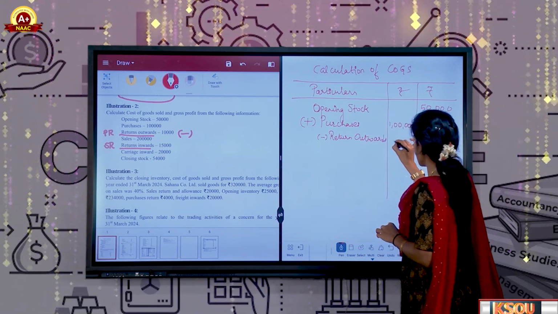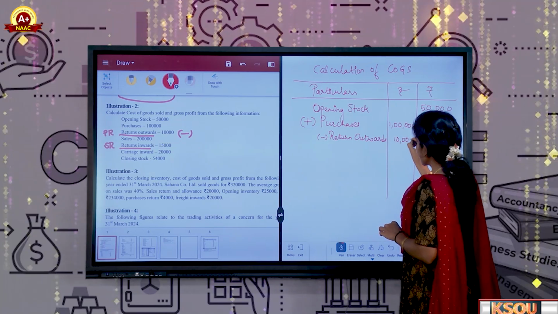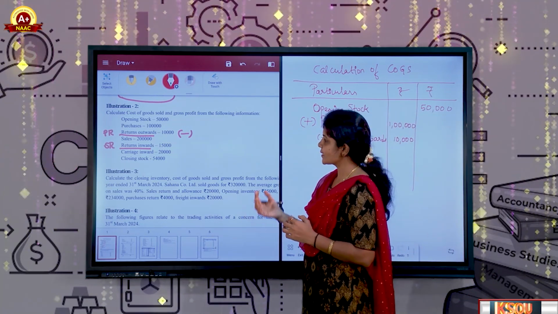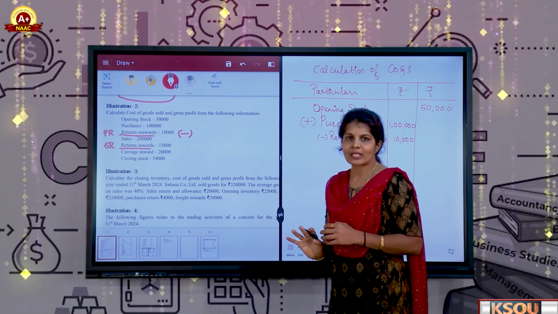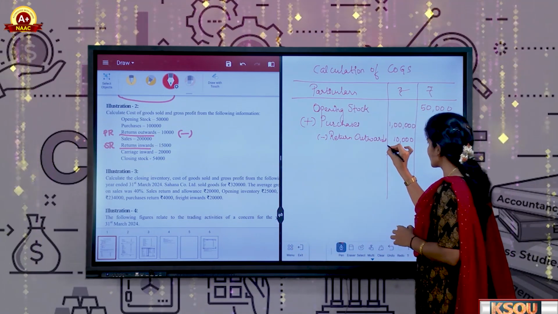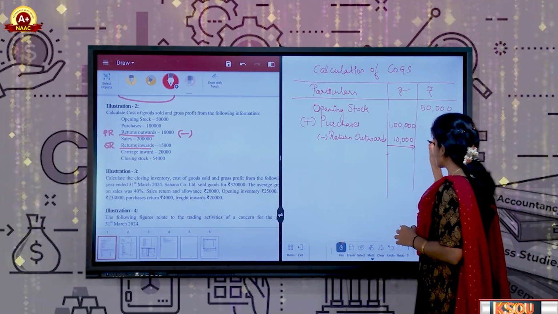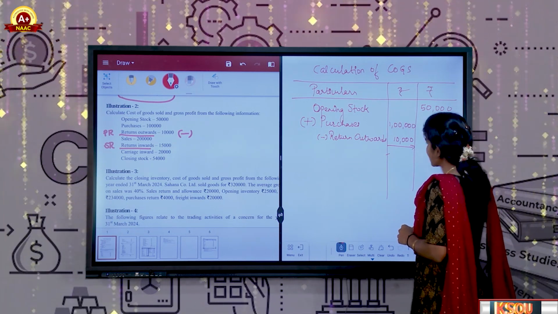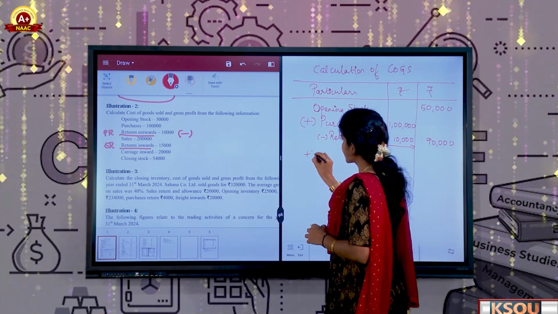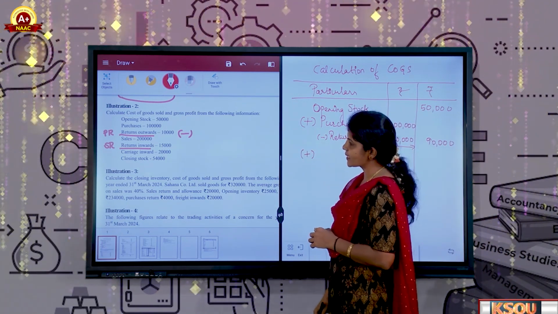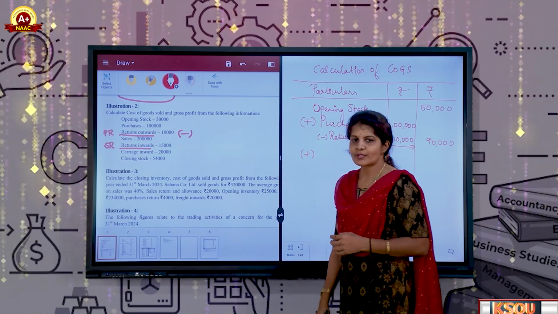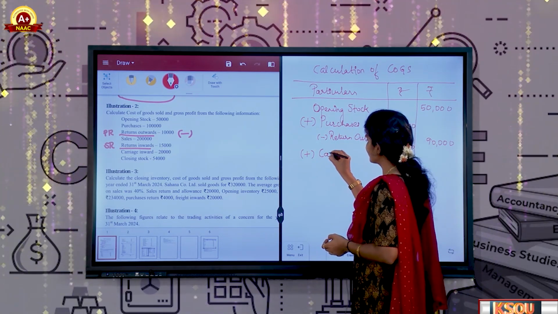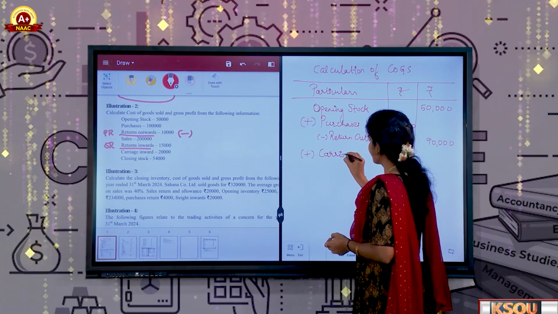What is the amount of return outwards? It is 10,000. Is there any return allowances, purchase allowances, purchase discount? Nothing is given in the problem. Let us take that to the outer column directly. 1 lakh minus the 10,000 is 90,000. And if there are any direct expenses like carriage inwards, freight inwards, wages, etc. Here in this problem, they have given carriage inwards.